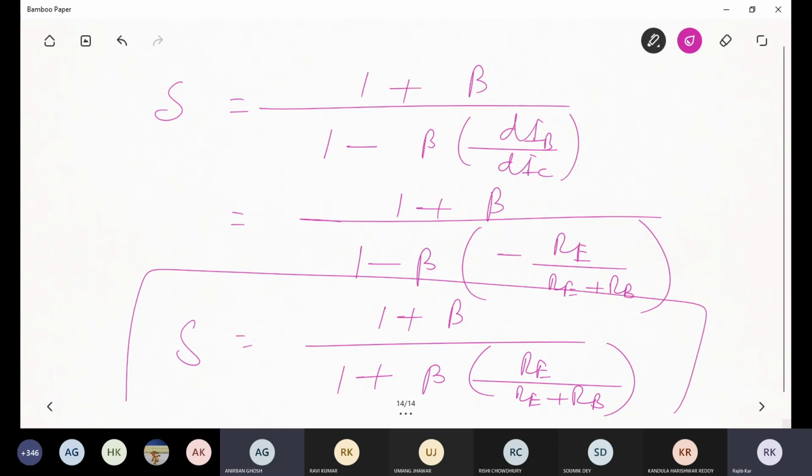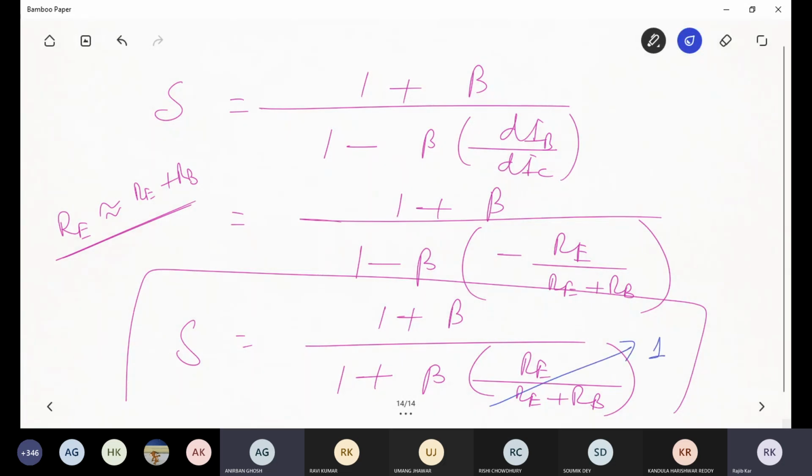Now why am I telling how to make this circuit independent of this variation? See, if I manage to have RE approximately equal to RE plus RB, that means RB is as low as possible. Then definitely this particular ratio RE divided by RE plus RB will be equal to 1.